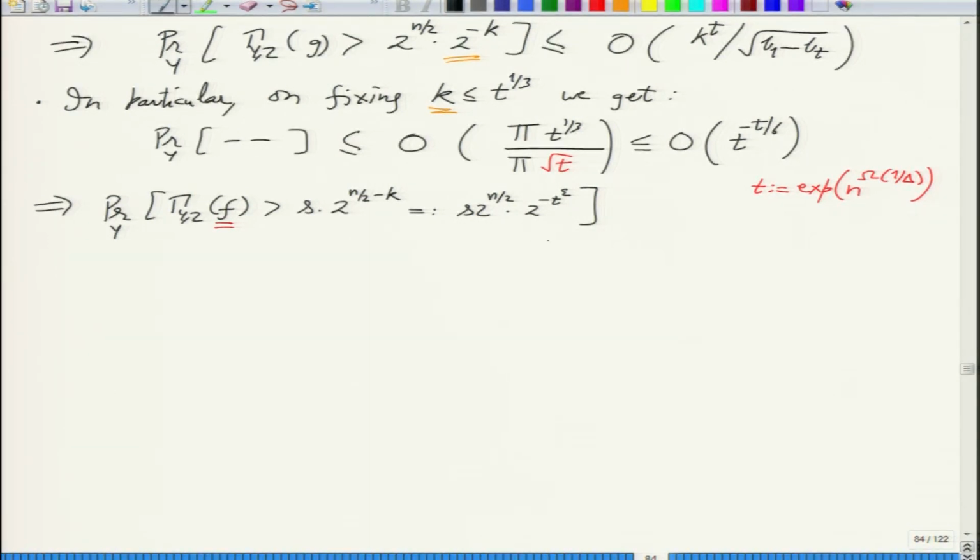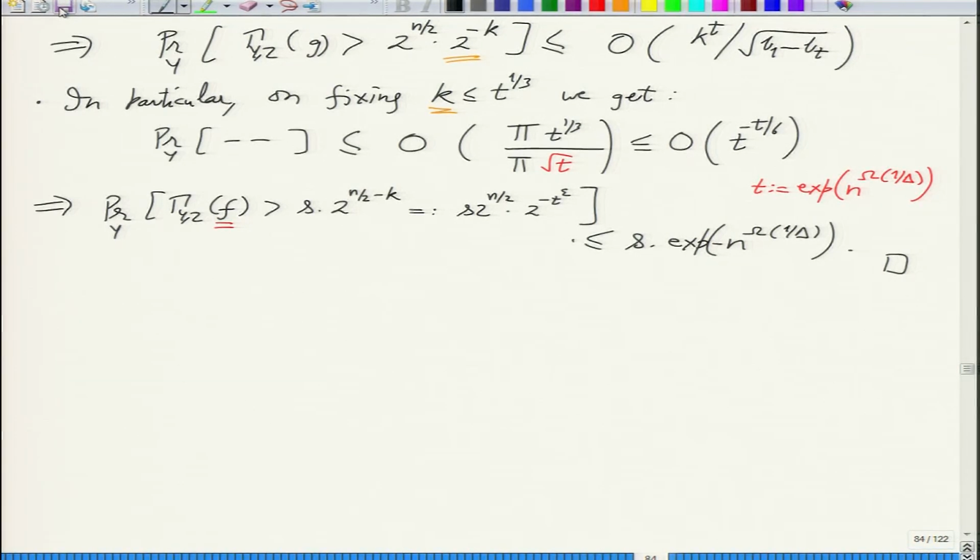This is s times, so the previous thing times s. Right, so that finishes the proof of the lemma.